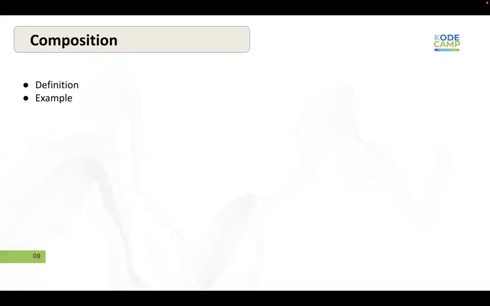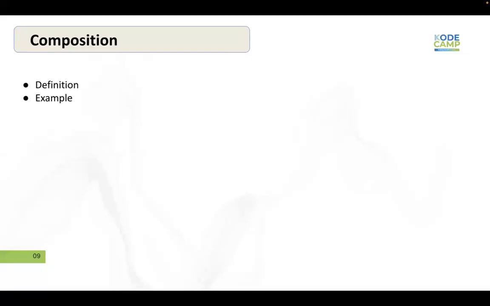So moving on, we have composition. So what is composition? This is actually another term in object-oriented programming, but we tailor it to JavaScript classes. When building complex objects, you want to combine simpler ones to make up that complex object.